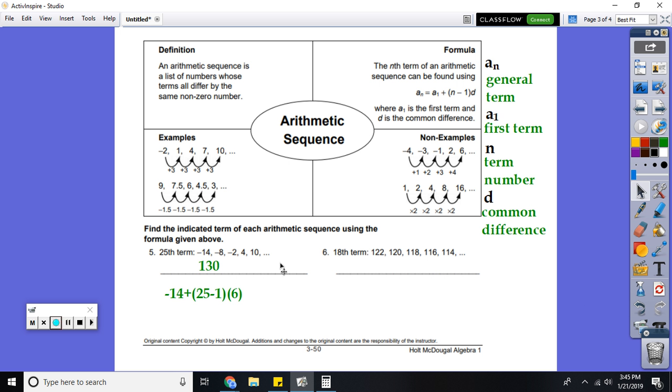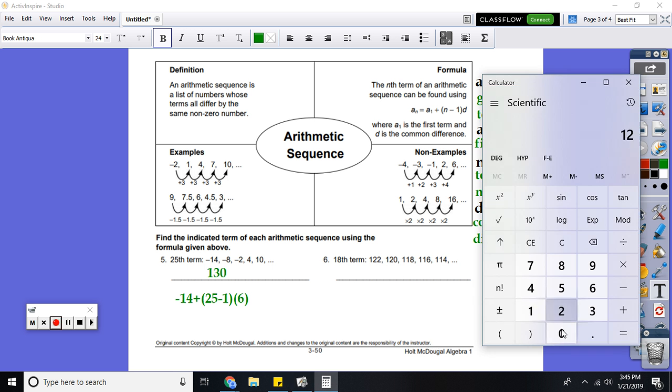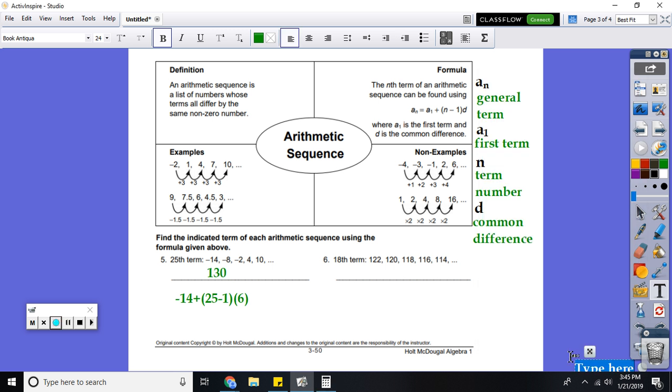So I could do it again with number 6, 18th term. That means that the n would be 18. Common difference, take the second term, subtract the first. 120 minus 122. If I don't want to do that in my head, I can quickly type that in my calculator. It's negative 2. So then I take the first term of 122 plus the n, which is 18, minus 1, times the common difference we just found, negative 2.